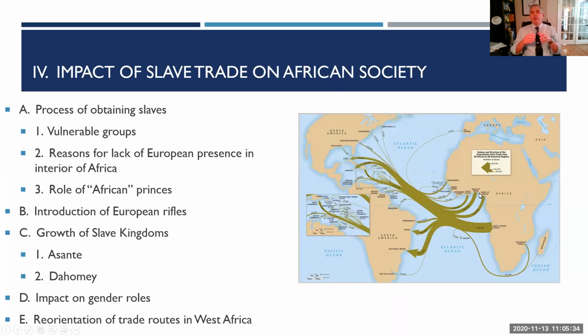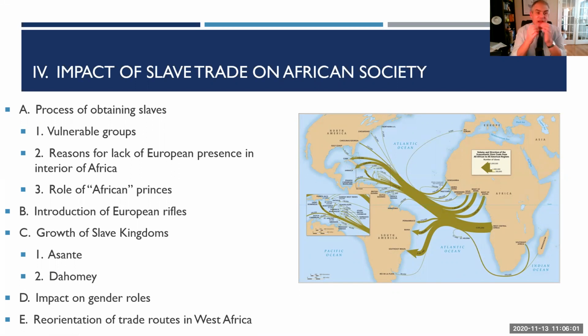So how were the enslaved Africans acquired? The process for obtaining or enslaving Africans usually focused on vulnerable groups. So the groups that were enslaved usually came from the lower segments of society. They were the ones that had the least protection within society.